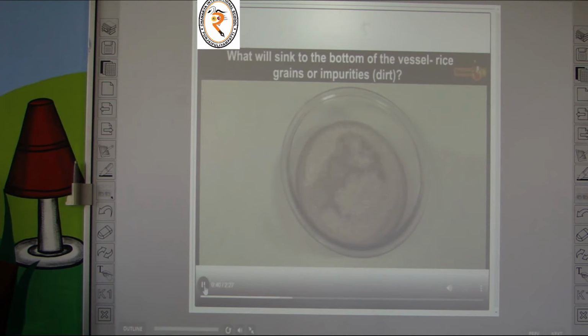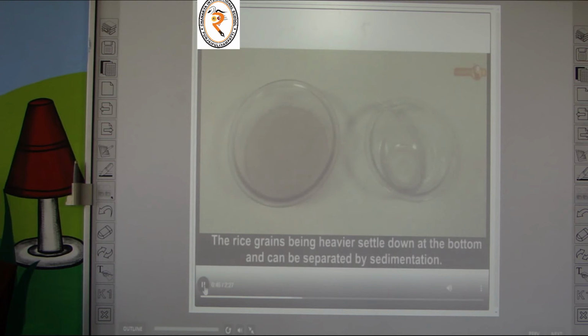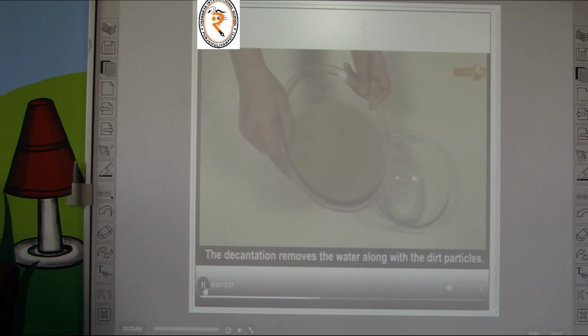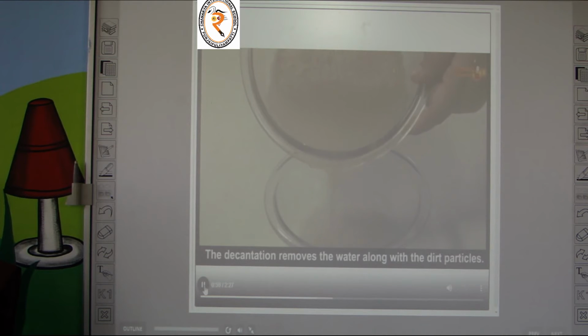Now, what will sink to the bottom of the vessel, rice grains or impurities? In this case, the rice grains, being heavier, settle down at the bottom and can be separated by sedimentation, while decantation removes the water along with the dirt particles.